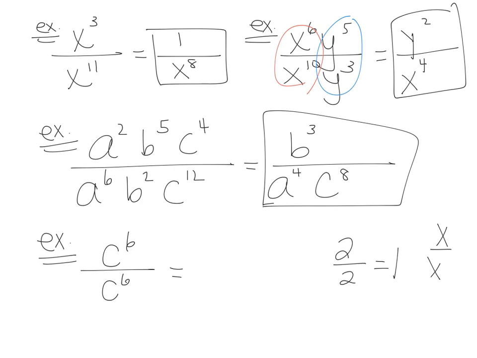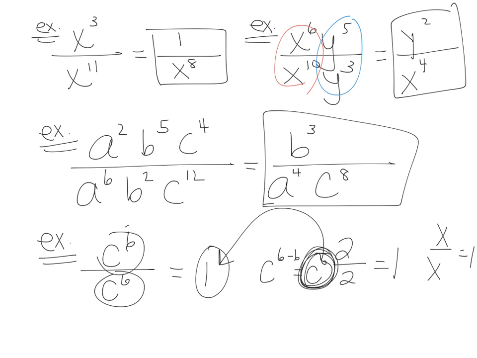What's x divided by x? 1. So c to the 6th divided by c to the 6th is 1. And here's also another reason as to why. c to the 6th times c to the 6th. Let's just say c ends up in the middle. Subtract your exponents. 6 minus 6. That makes c to the 0. Hey, c to the 0 power equals 1. That's where they developed that rule.